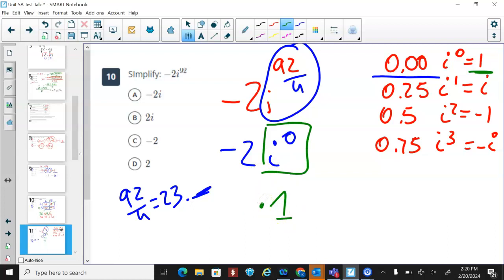So I'm not keeping the i there anymore. i to the 0 is 1, okay? The value of i to the 0 is 1. And of course, I'm keeping the -2, and then I'm going to multiply them out to this -2. All right, so again, very important, the i goes away, okay? Why does i go away? Because it is i to the 0 power instead of i to the 92 power, and the value of it is 1, okay?